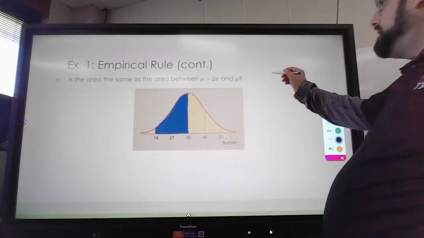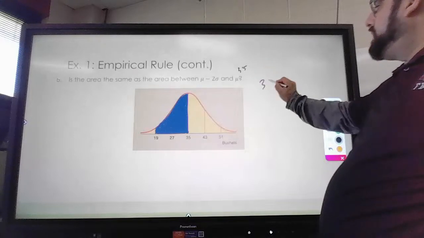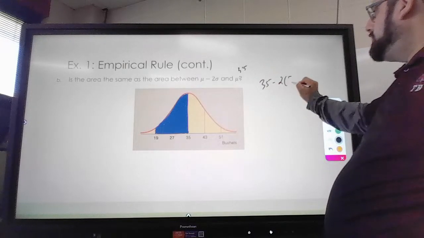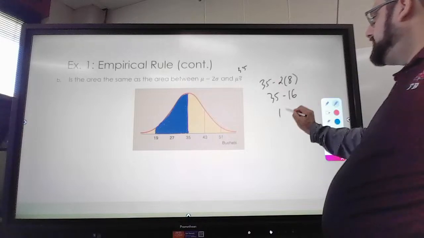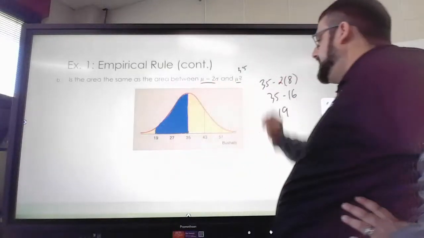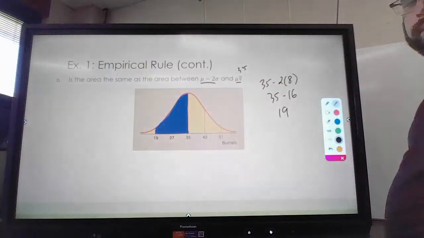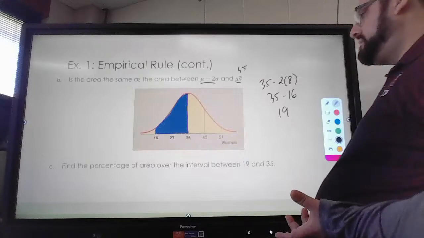Well, the mean is 35, and if I take 35 minus 2 times the standard deviation, which is 8, that's 35 minus 16, which is 19. And yes, it is the same area between this and this, right? So the question is, what percentage of the data over that interval is between 19 and 35?